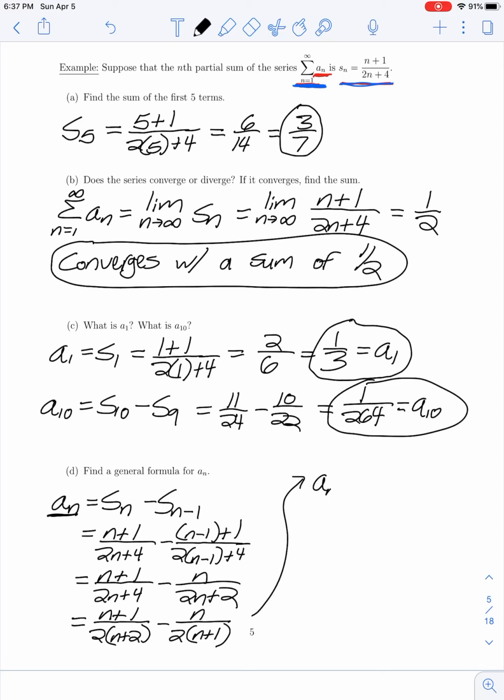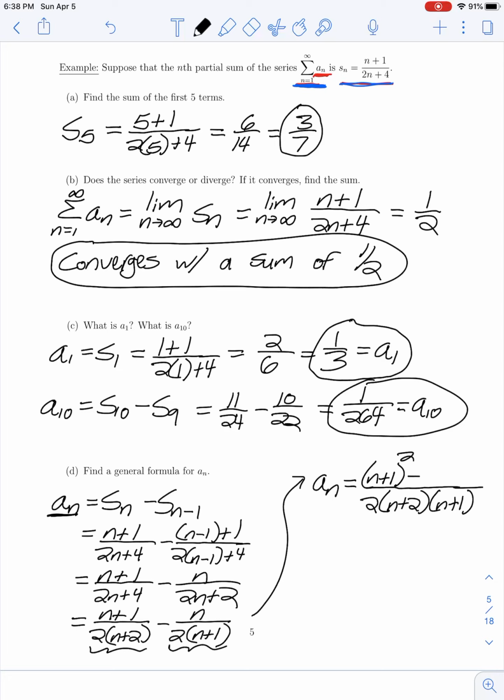So for the term a sub n, if we want a common denominator, we could use the product 2 times (n + 2) times (n + 1). And my first fraction, in order to get that common denominator, I would have to multiply the numerator through by n plus 1. So I would have (n + 1) squared, and then minus my second term.